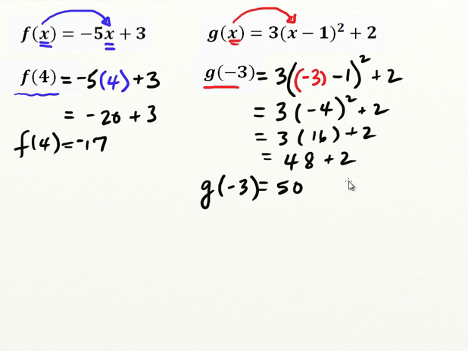Just to give you an understanding of what this means, let's take a look at first the linear function. We had f at 4 equals negative 17. What does that mean? Let's do a quick little sketch of this function, and we'll label our x and y axes. We were told that the original function was negative 5x plus 3.